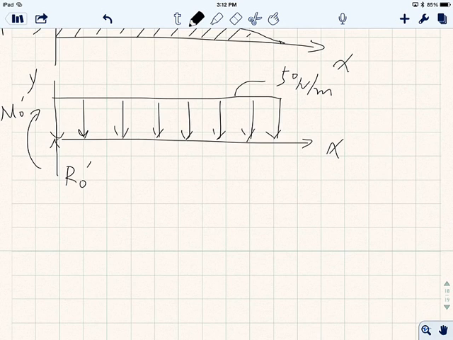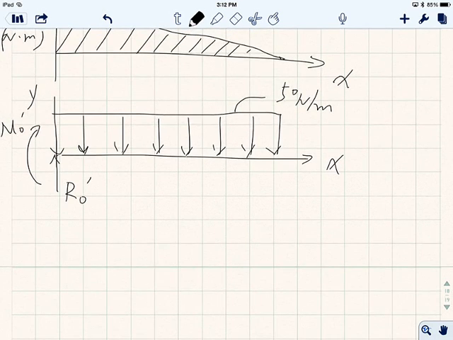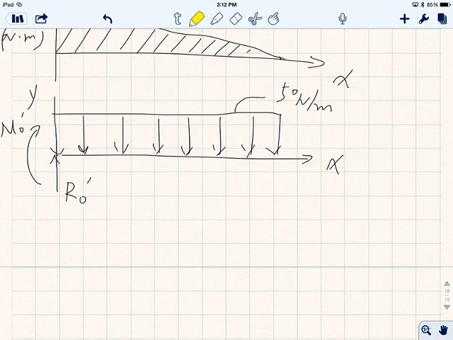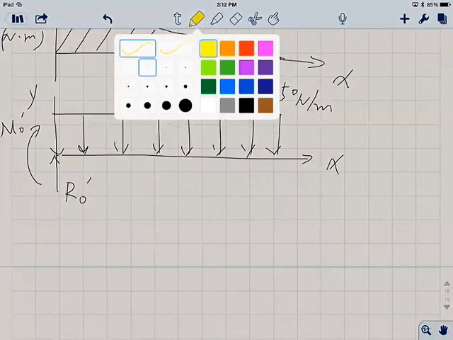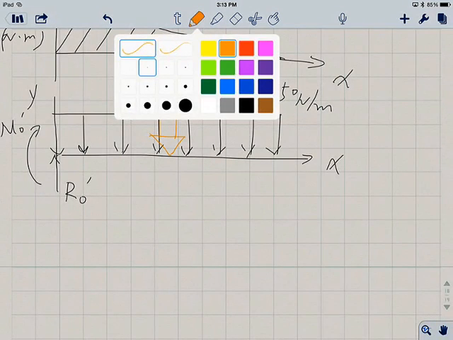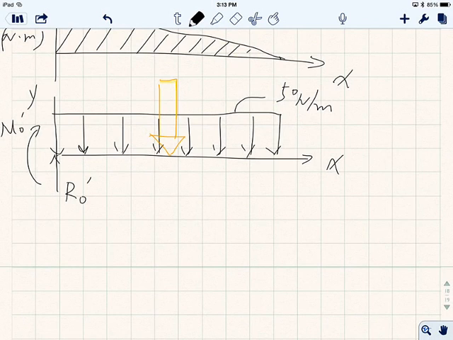Okay. Now, when you have a distributed load, the first thing you do is try to find the equivalent load over here. So this distributed load can be made equivalent to this orange force here, right in the center, with a magnitude calculated by 50 newtons per meter times the total length, which I believe is 8.